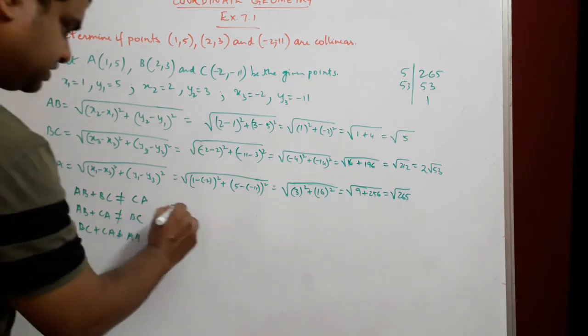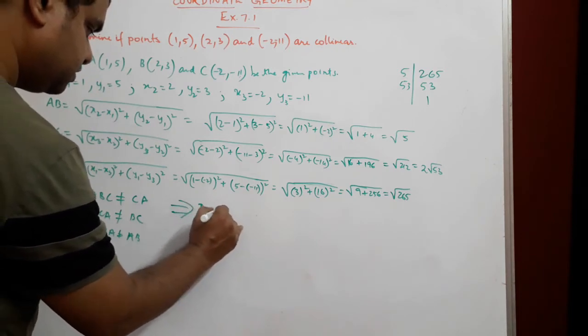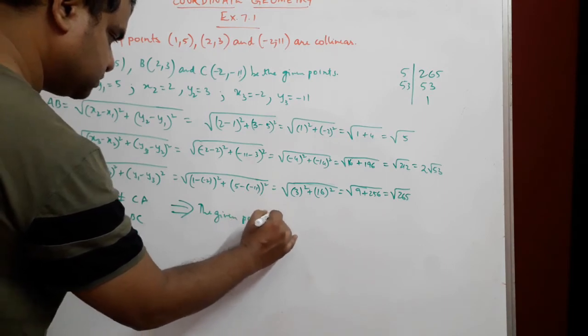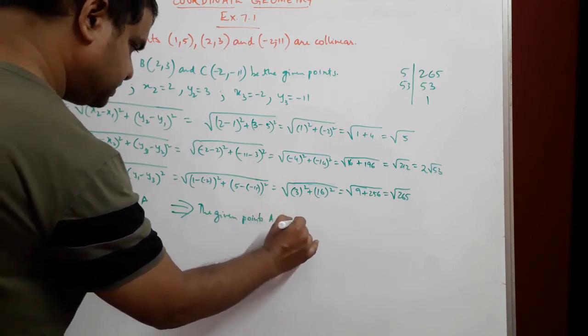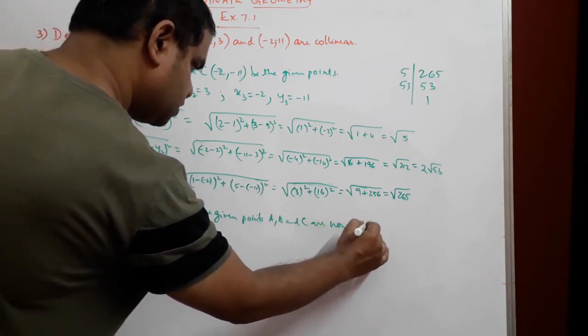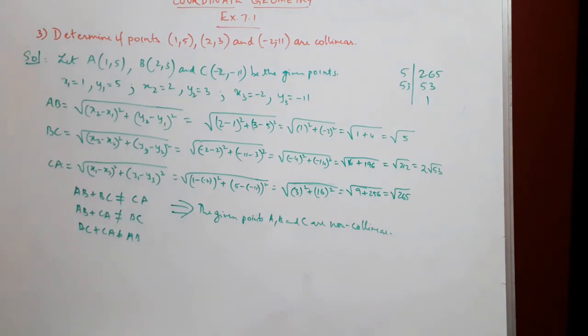So this implies that the given points A, B and C are non-collinear. Okay.